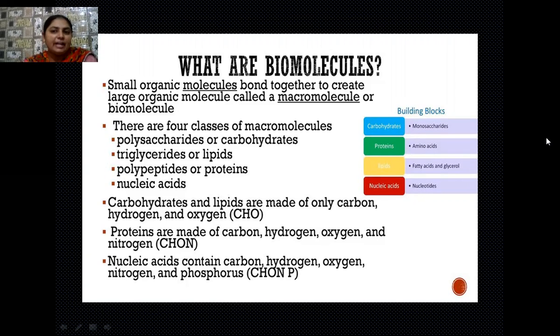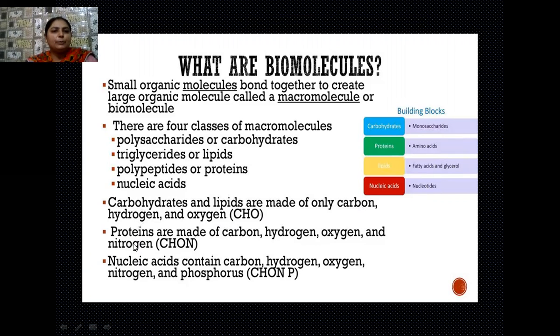So students, here we have written their monomeric units. The monomeric units of carbohydrates are monosaccharides, and the monomeric units of proteins are amino acids. Then for lipids, we have fatty acids and glycerol, and for nucleic acids, we have nucleotides. If we are talking about carbohydrates and lipids, they are made up of carbon, hydrogen, and oxygen elements.